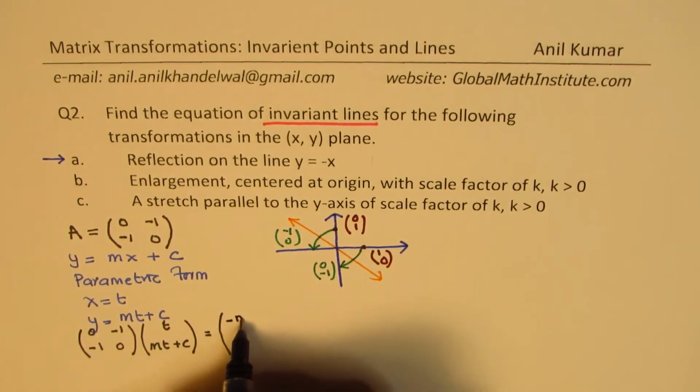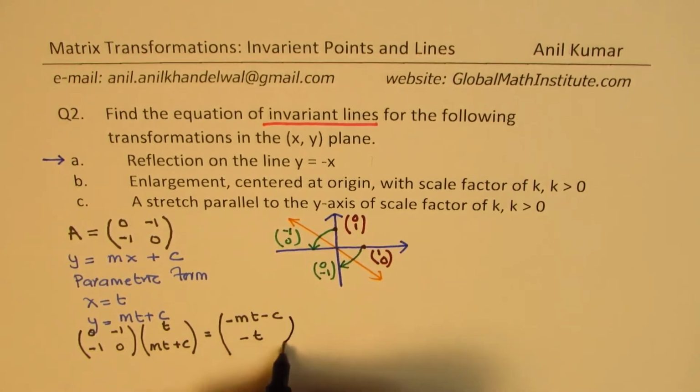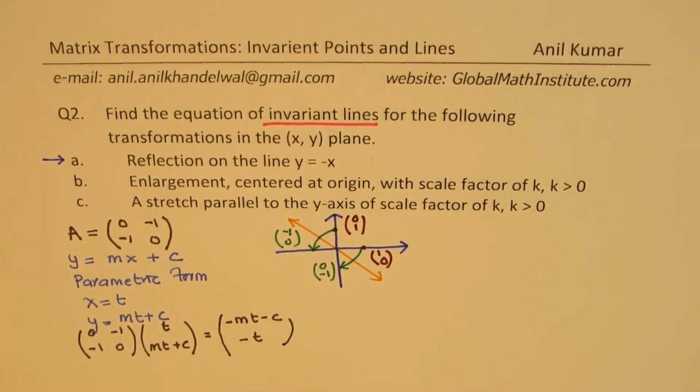You get minus mt minus c, and in the y this is minus t, correct? So that's what you get when you multiply this with the given matrix. Now, if we're talking about invariant points, in that case we get 2 equations here: x equals this and y equals that, correct?